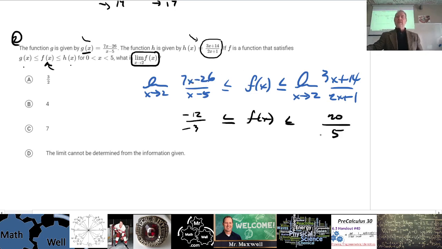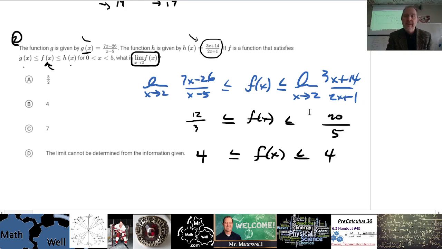Okay, so are these limits over here the same? Yes. So 12 over 3 and 20 over 5, that's going to be positive 4 and positive 4. Nice. So what can be said? The limit is 4. Do you like B there?